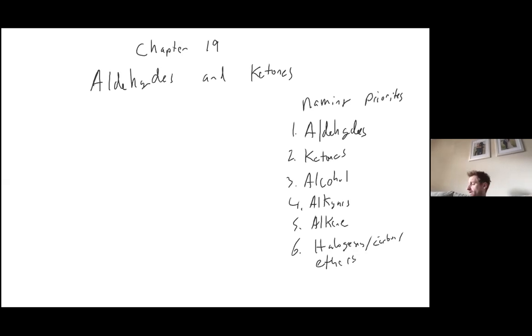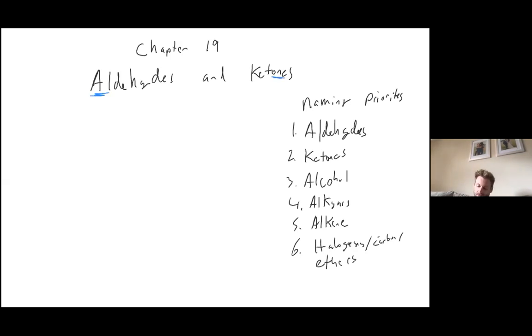Okay, so how do we name an aldehyde or a ketone? Our suffix for an aldehyde is going to be -al, and our suffix for a ketone is going to be -one, which are both derived from their names.